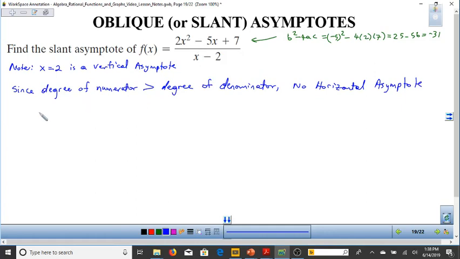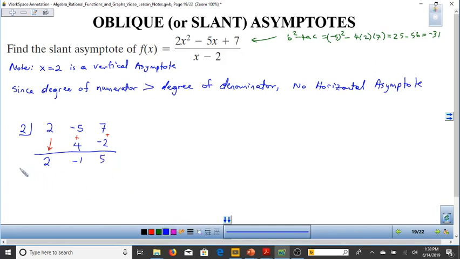So I'm going to do a little synthetic division here. I set this equal to 0 and solve for x. I get x equal to 2. I put my coefficients, 2, negative 5, and 7, draw a horizontal line. I drop the leading coefficient down, so I end up with 2, and then 2 times 2 is 4, which I will then add to the negative 5. Negative 5 plus 4 is negative 1. 2 times negative 1 is negative 2, and then I will add that to 7. I get 5.